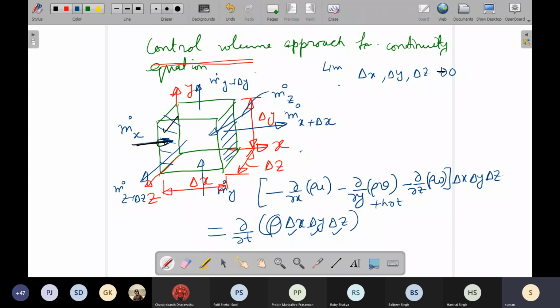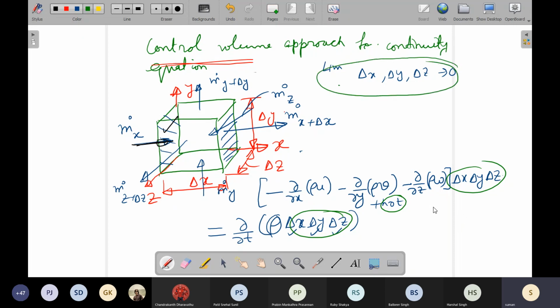So first of all, when they are all tending to 0 but not equal to 0, you can simply cancel this from both sides. In higher order terms, because each contains at least one term of higher order, if you cancel or divide, some delta x, some delta y, some delta z will remain, which in this limit will become 0. And that is why higher order terms are not important.